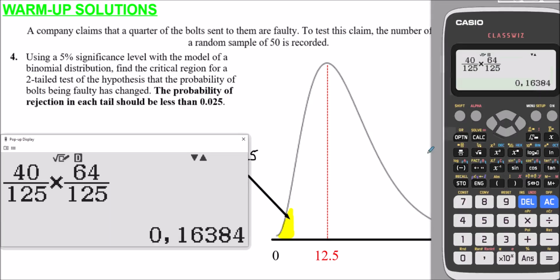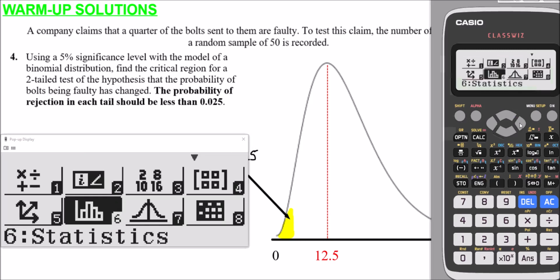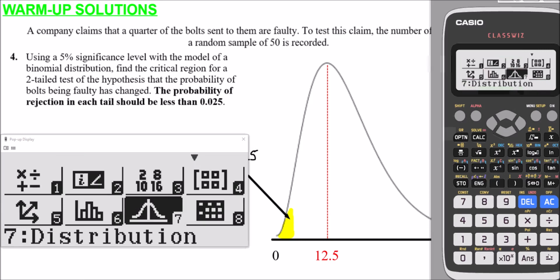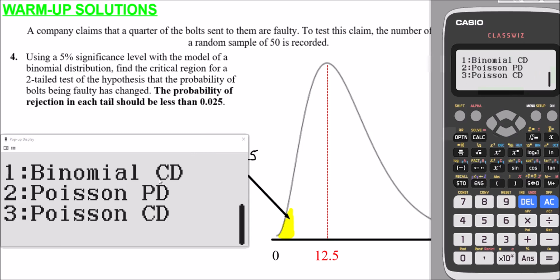So what we do here is get into the right mode first. So we're going to press Menu, and I'm going to scroll to 7, Distribution, press Equals. Now we want binomial distribution, but we're going to go for binomial CD this time. It's because we're going to be using cumulative probabilities.